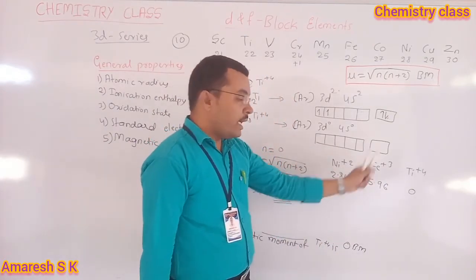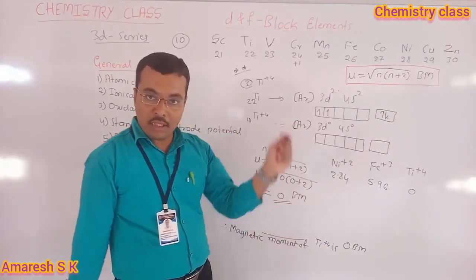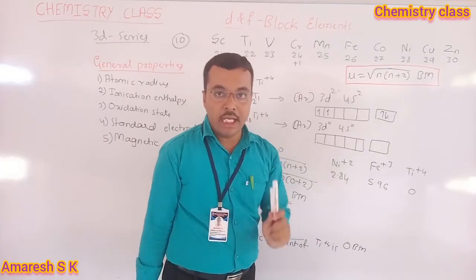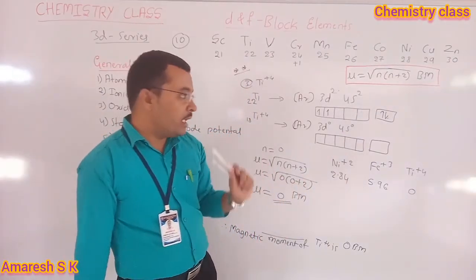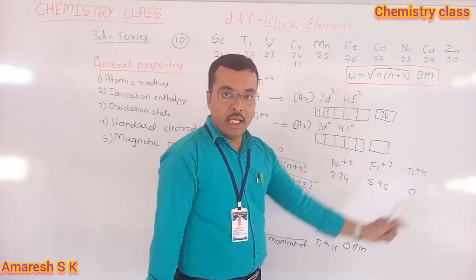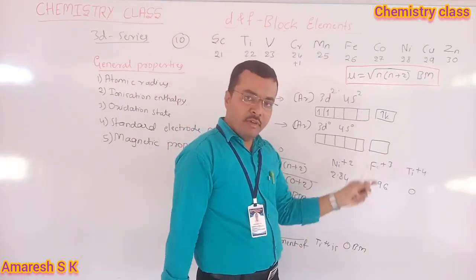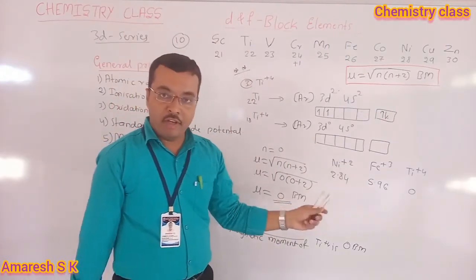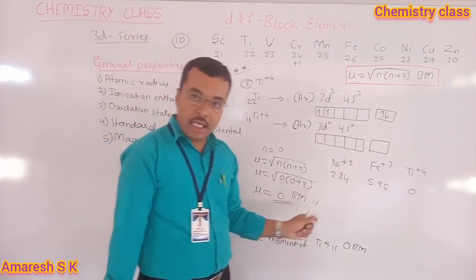By this concept, we can conclude that the elements which have more magnetic moment are ferromagnetic in nature, and the elements which have lesser magnetic moment are anti-ferromagnetic in nature. This is the concept.